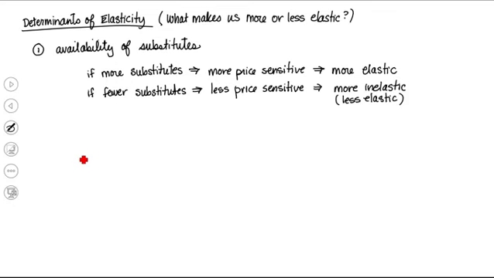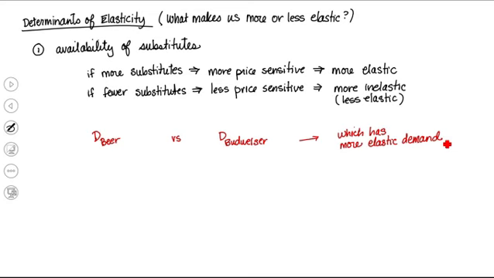So let's think about an example. What if we were talking about the demand for beer as a category versus the demand for Budweiser beer? I want to know which has the more elastic demand: beer in general or Budweiser beer?